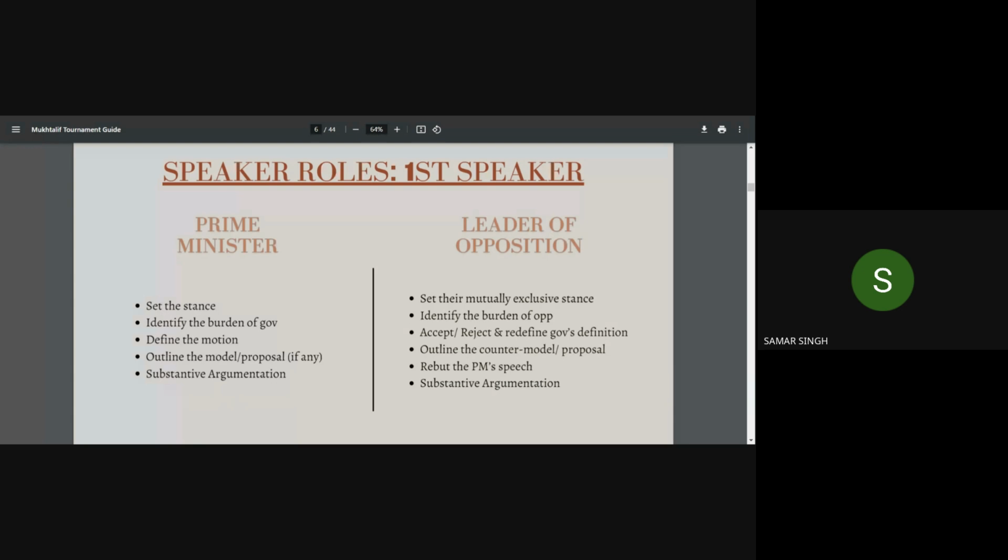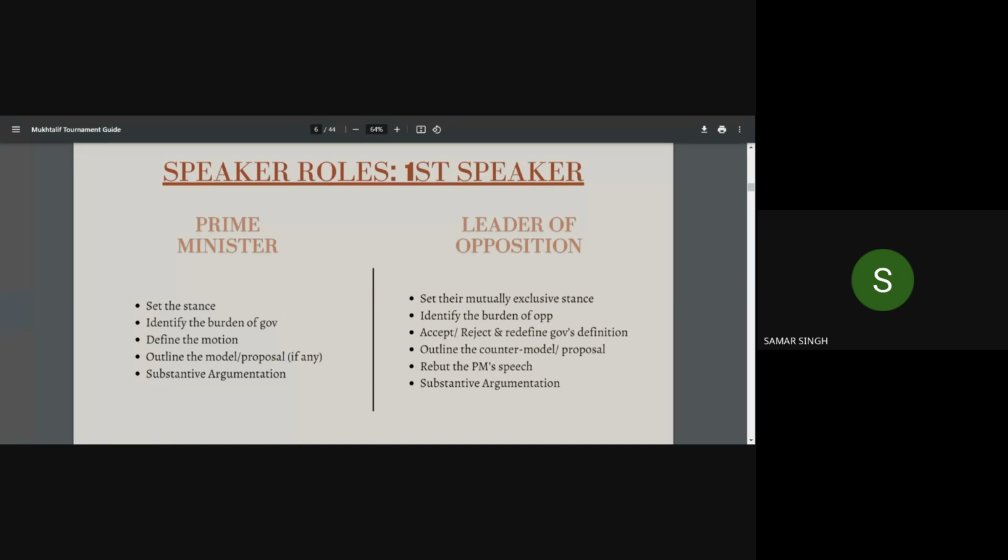Those loopholes could look like saying that the Prime Minister gave some not great facts. There were some flaws in their reasoning. The reasoning that they're giving is not true. Whatever loophole you have found during your prep or while the Prime Minister was speaking, you can simply give it during your speech.